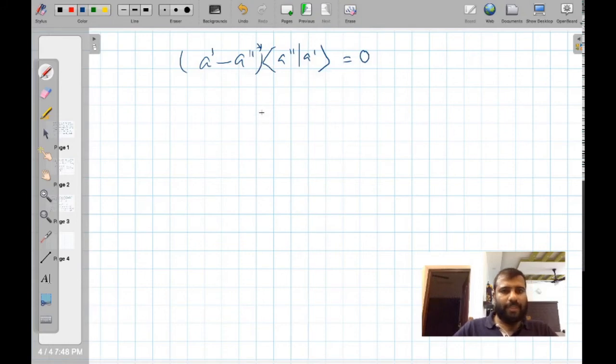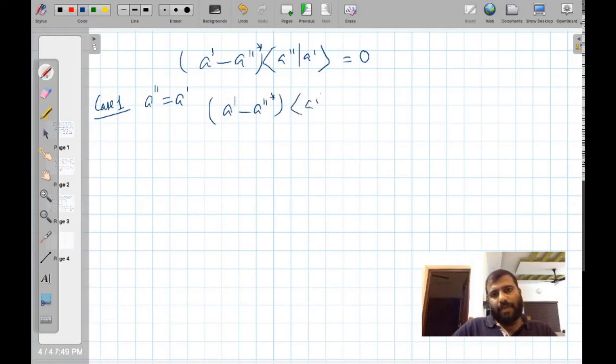Now you choose the case A'' equal to A'. Case 1. They are the same, which means you will get (A' minus A' star) <A'|A'> equal to 0.